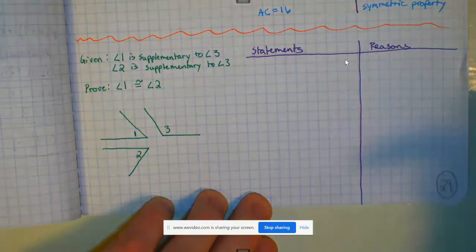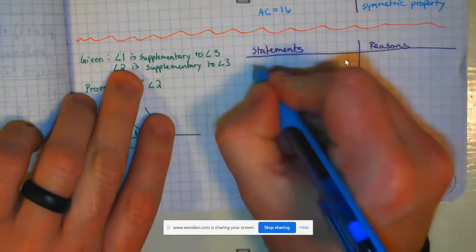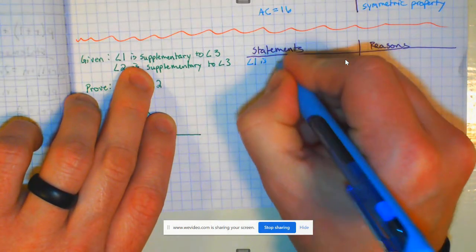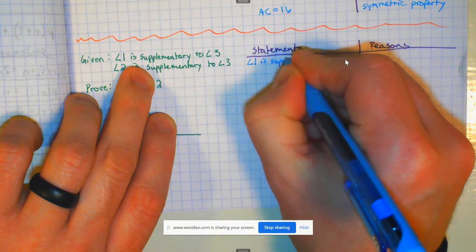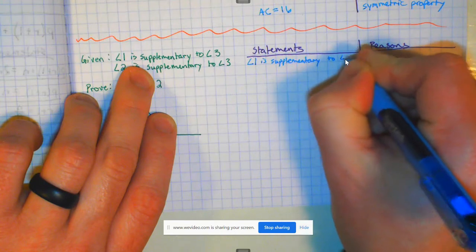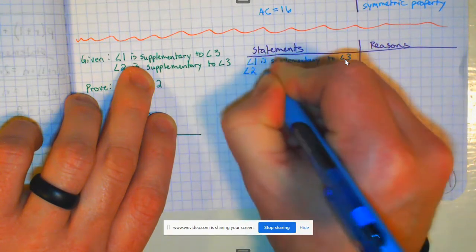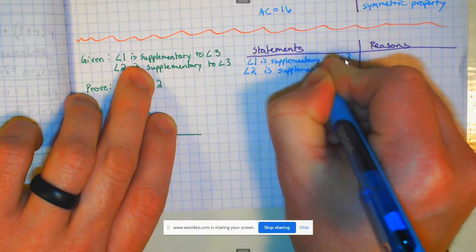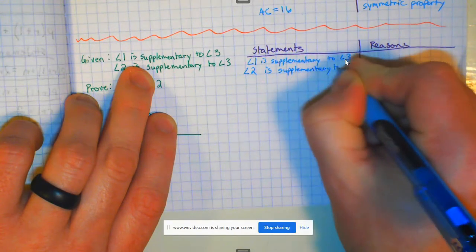Okay, so the first statement is what they provide me. So angle 1 is supplementary to angle 3. Angle 2 is supplementary to angle 3.